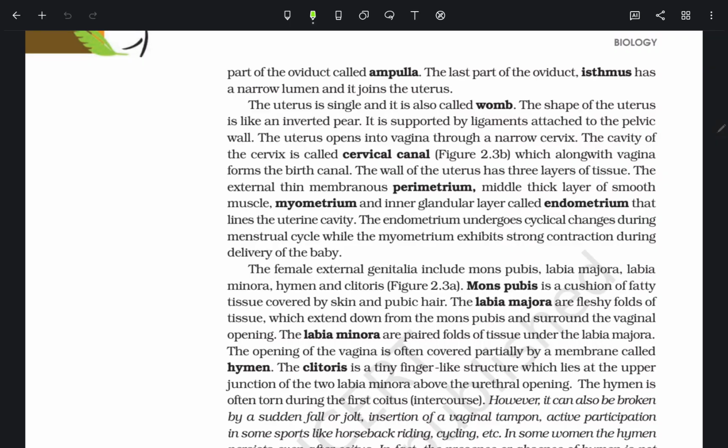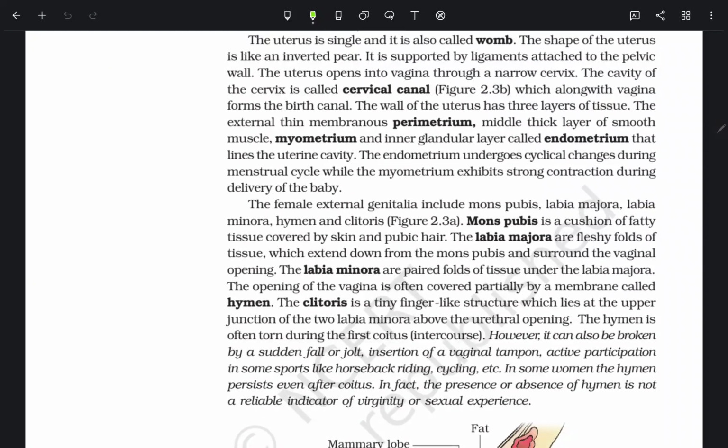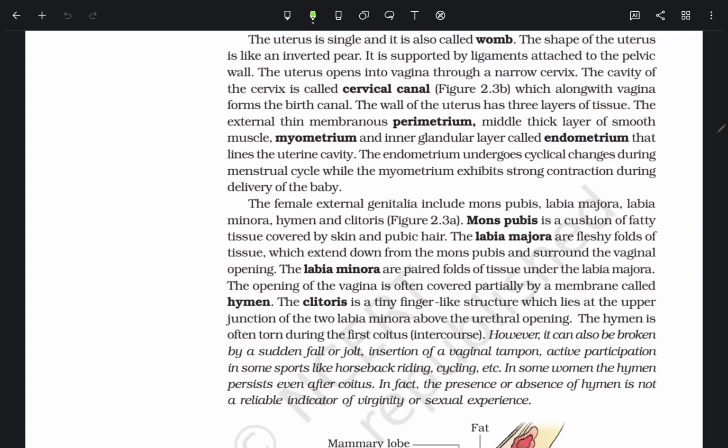The cavity of the cervix is called cervical canal, which, along with the vagina, forms the birth canal. The wall of the uterus has three layers of tissue: the external thin membranous perimetrium, the middle thick layer of smooth muscle, myometrium, and the inner glandular layer called endometrium that lines the uterine cavity.